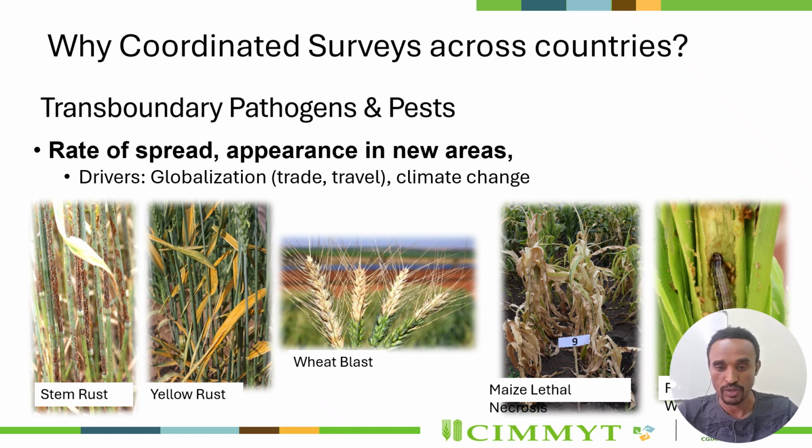Here we also have maize lethal necrosis and the fall armyworm, which followed the same trend: once located only in one location, they are now very important in other locations, and it all happened because of the transboundary nature of the pathogen.